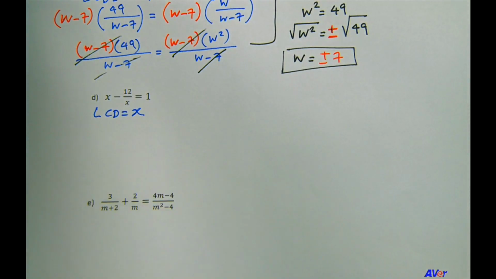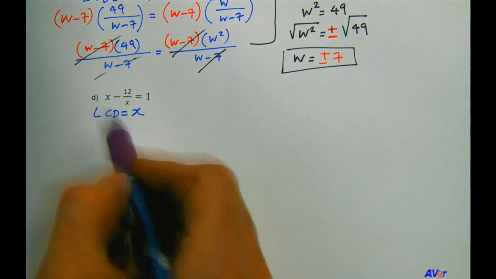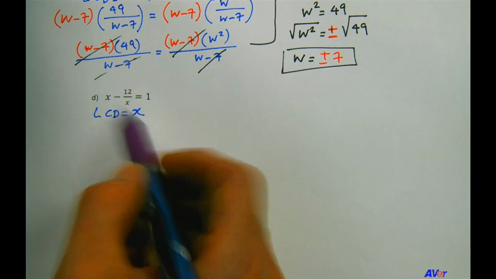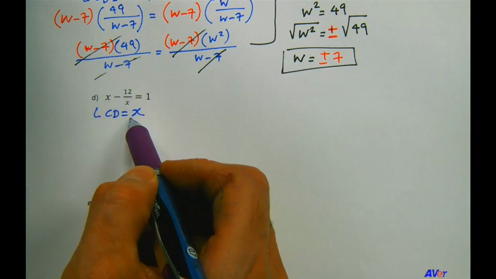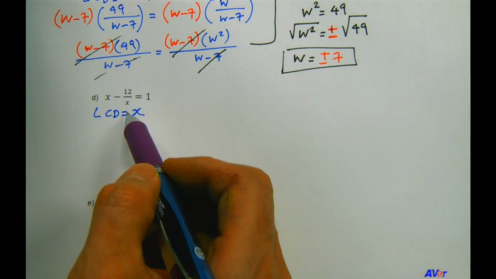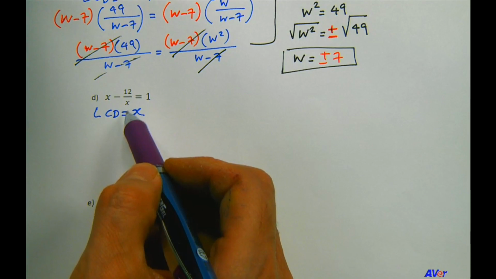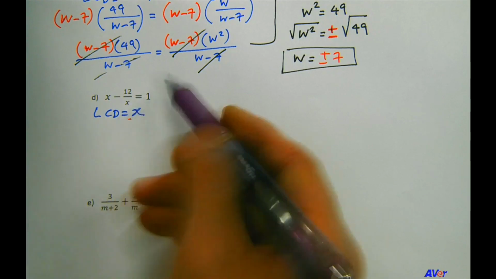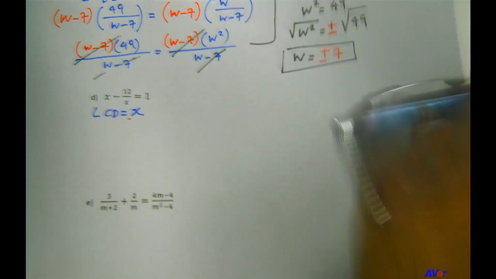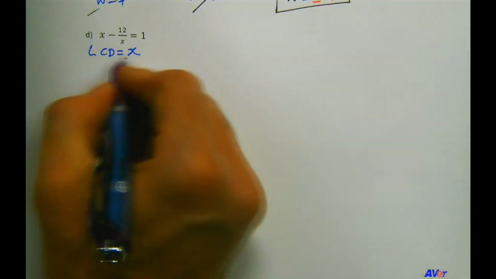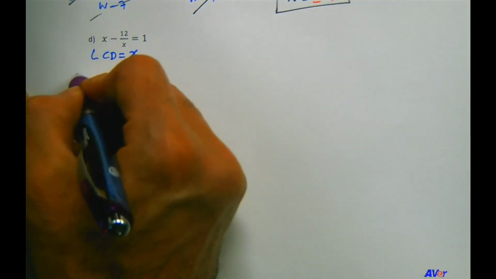So, I'm asking you, once you figure out the LCD, multiply both sides by the LCD, but don't simplify at the same time. Multiply, first distribute, then simplify. That's what I'm asking you. Okay, so how's that then? It's like this. Once we figure out the LCD, multiply X, right, by both sides.